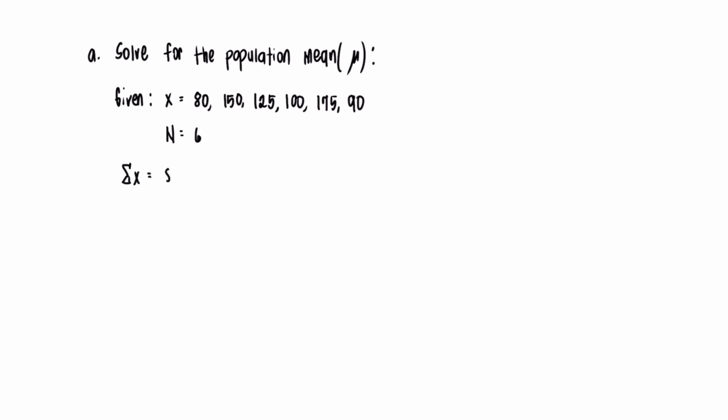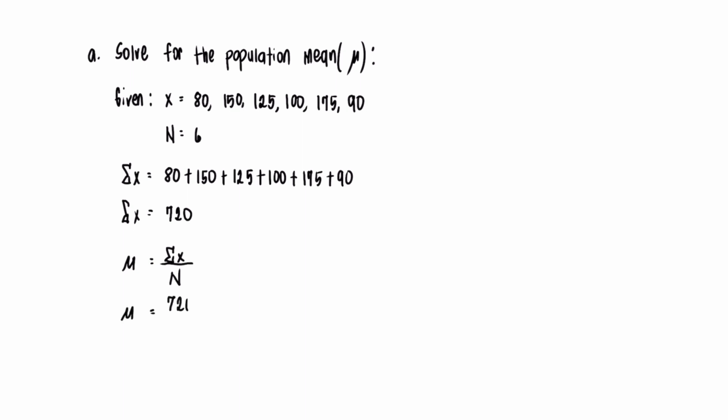So we'll have 80 plus 150 plus 125 plus 100 plus 175 plus 90. It is equal to 720. Now, we are going to substitute the values of the summation of x and n to the given formula. So it will be 720 divided by 6. It is equal to 120.